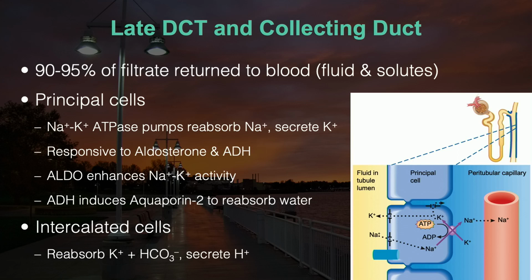And if that were the case throughout the nephron, eventually you might run into a situation where you have low potassium in the body. So the intercalated cells are important in reabsorbing potassium. It's one of those sites to make note of. So I'm not going to go into depth on this for now, but maybe later. We'll see.